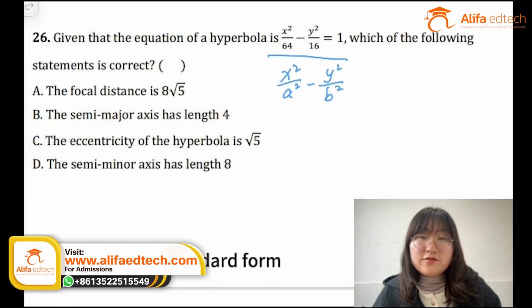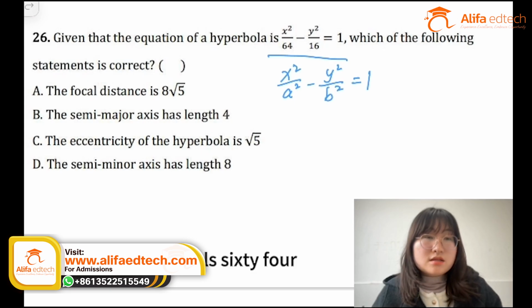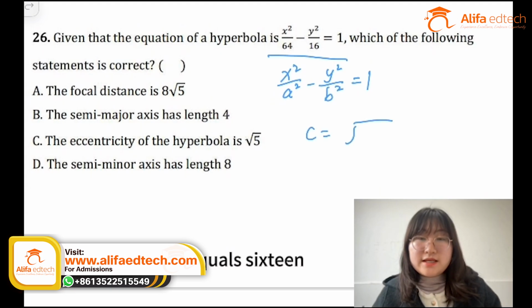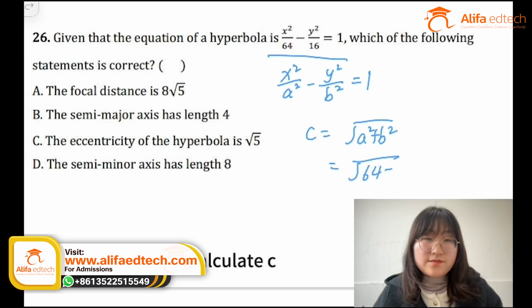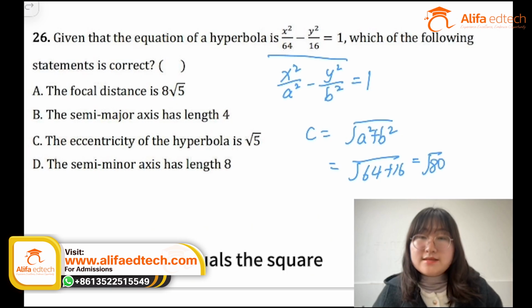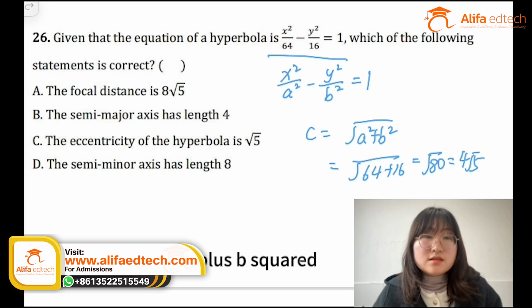From this standard form, we can identify that a squared equals 64 and b squared equals 16. To find the focal distance, we need to calculate c. For a hyperbola, the formula is c equals the square root of a squared plus b squared.